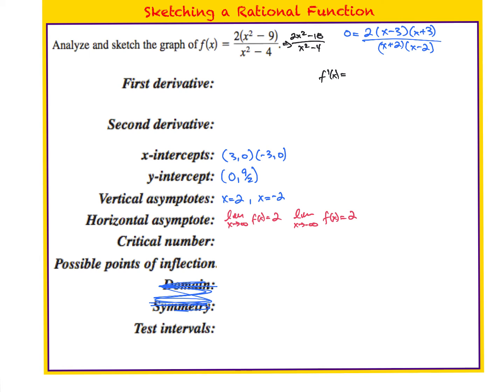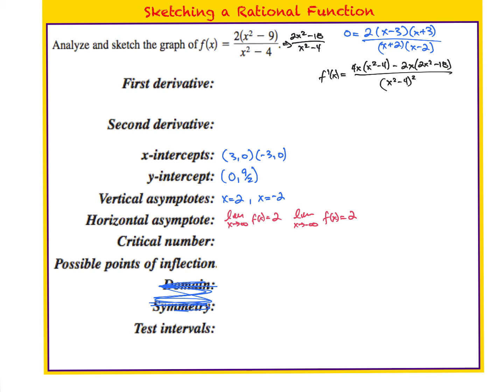All right, what's the derivative of my top? 4x. Times the bottom of x squared minus 4. Now, what's the derivative of the bottom? 2x. Times the top of, all over x squared minus 4 squared.